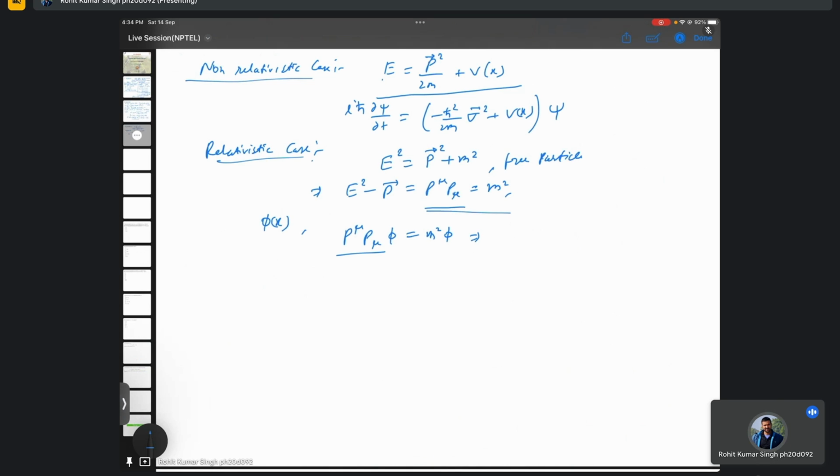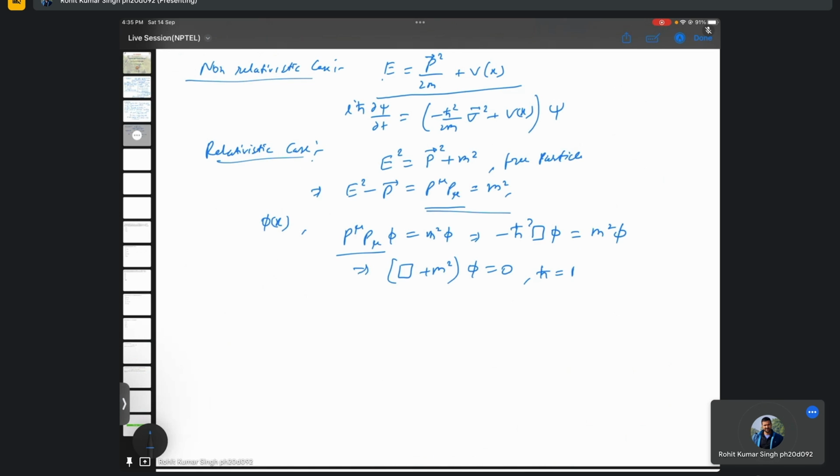Okay, and which we just found out is equal to minus h bar squared D'Alembertian, right? So we can write our equation like this, and here we have assumed that h bar, Planck's constant, is 1.